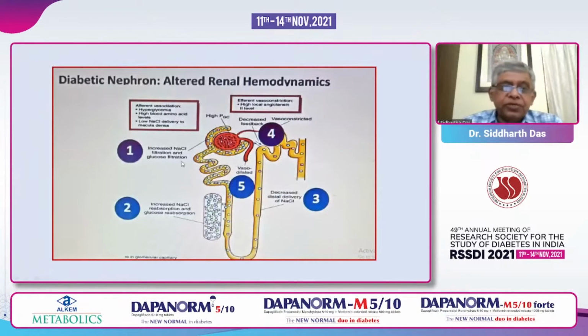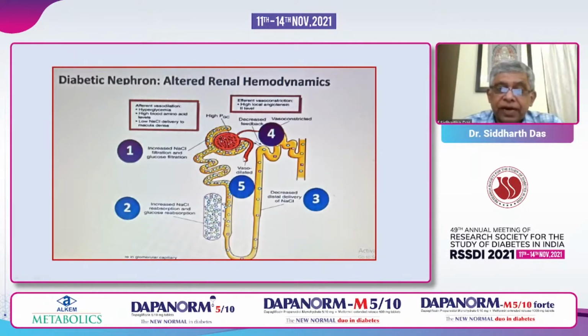Now, coming to this picture of the diabetic nephron and altered renal hemodynamics, I beg to draw your kind attention. If you look at an uncontrolled diabetic state, there is severe hyperglycemia, high blood amino acid levels, and low sodium delivery to the macula densa.